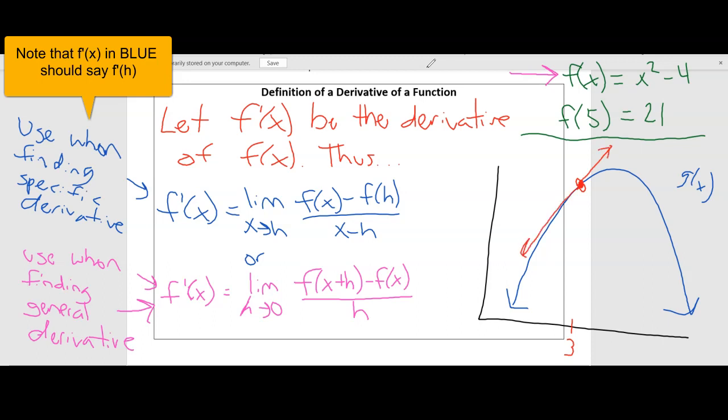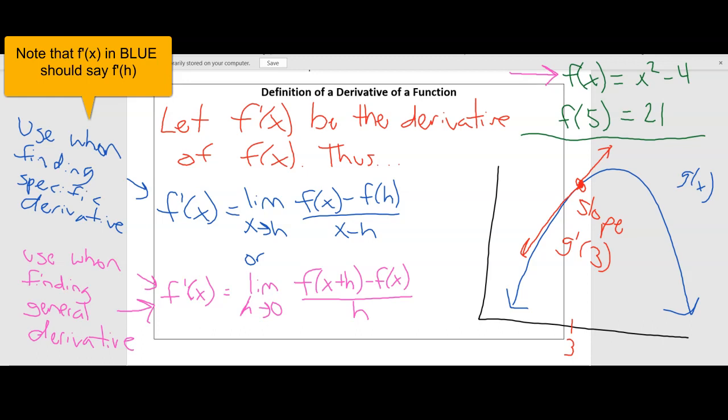That's going to be our derivative value. But this slope would be equal to g prime of 3. G prime of 3 would give you the derivative, the slope of that specific tangent line.